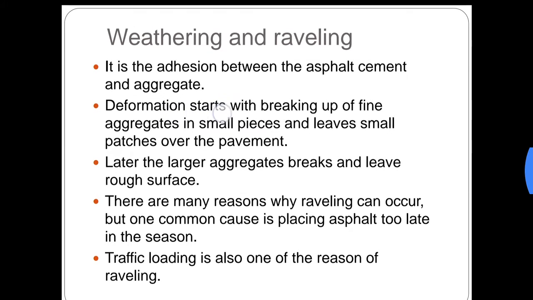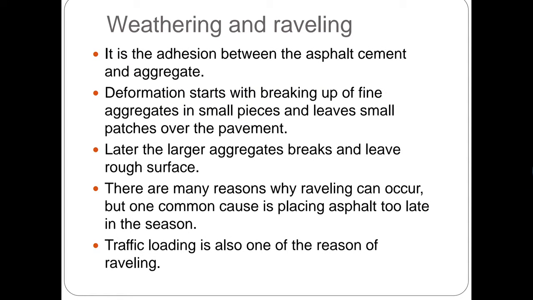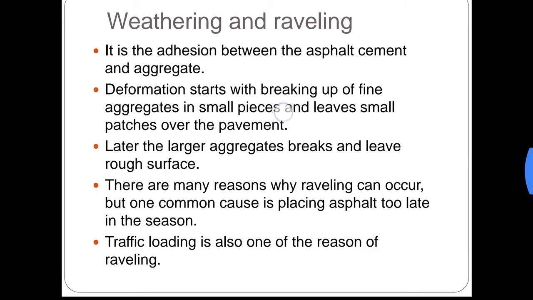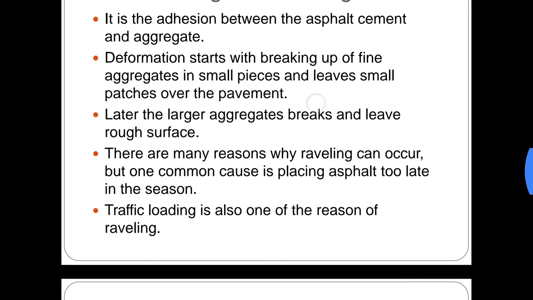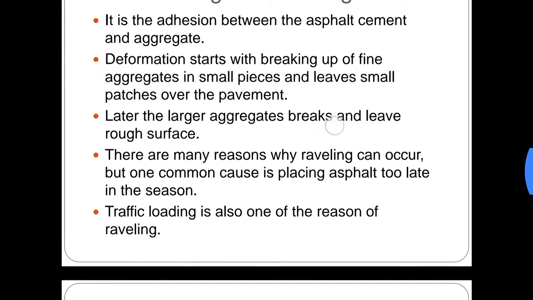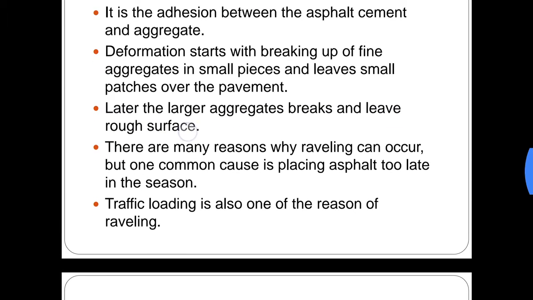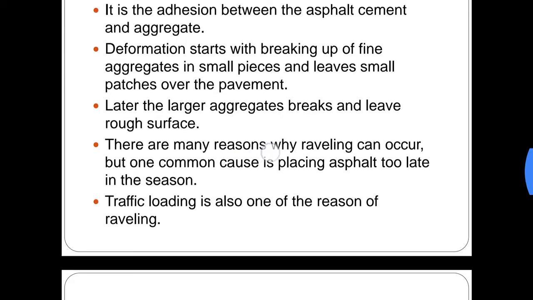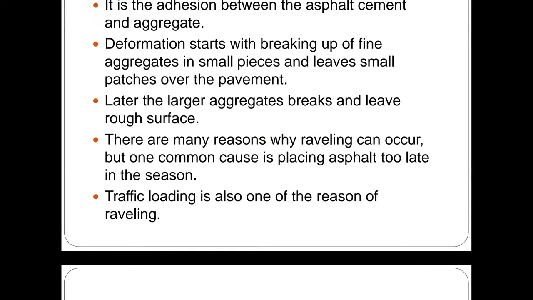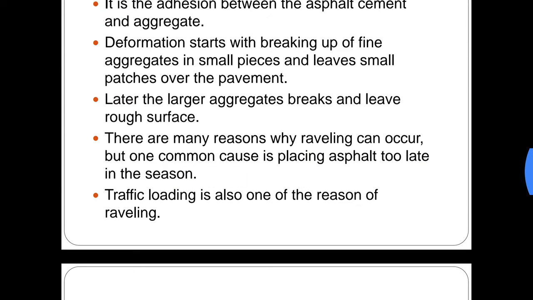Deformation starts with the breaking up of the fine aggregates in small pieces and leaves small patches over the pavement. Later the larger aggregates break and leave a rough surface. There are many reasons why raveling can occur, but one common cause is placing asphalt too late in the season.